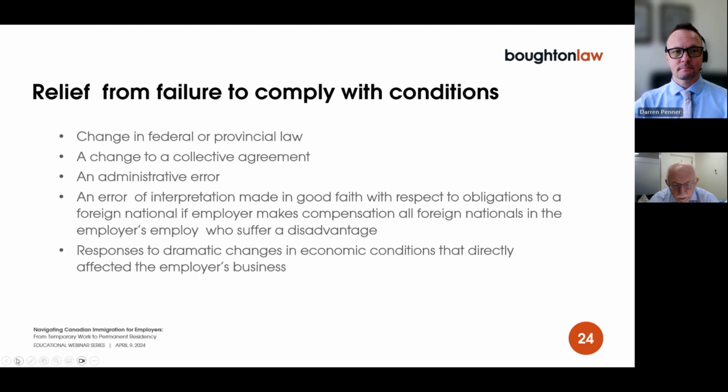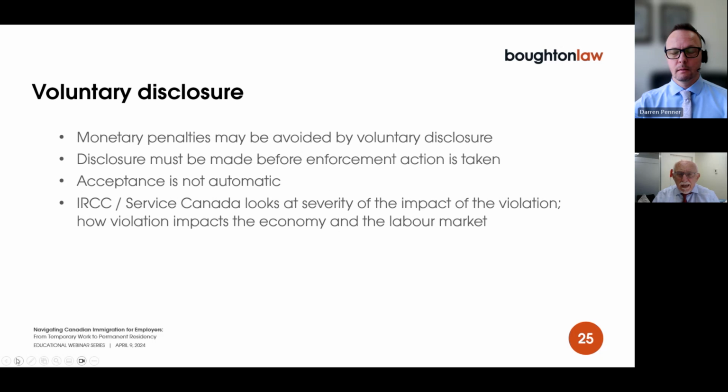And another method of obtaining relief, which is set out in the regulations, is where an employer has had to make responses to dramatic changes in economic conditions that directly affected the employer's business. It's also possible to make voluntary disclosure.